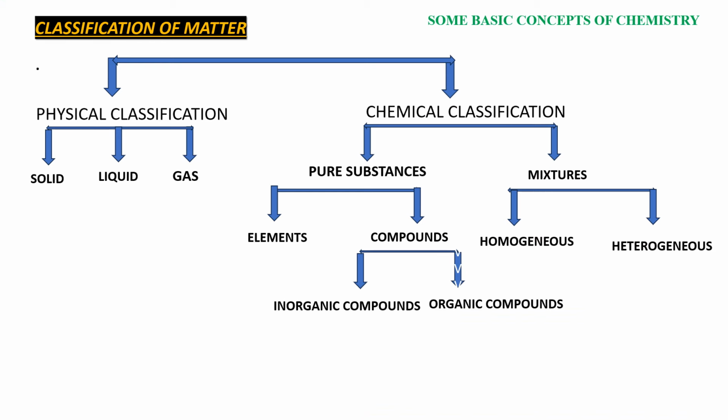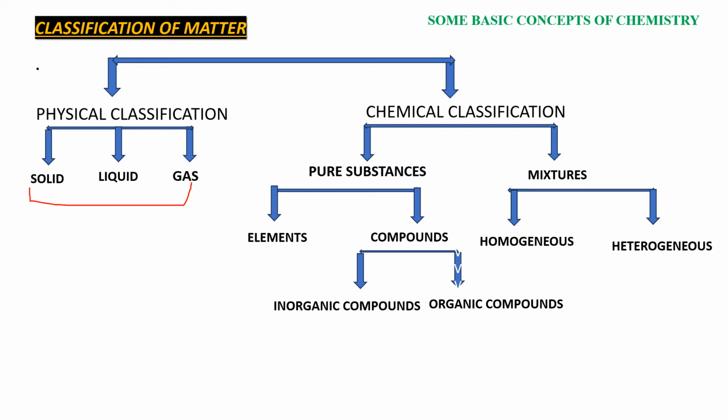Then the classification of matter chart will be here. You can take a screenshot of it. Firstly, physical classification and chemical classification. Under physical classification, states of matter are classified into three: solids, liquids, gases. Chemical classification: pure substances and mixtures.